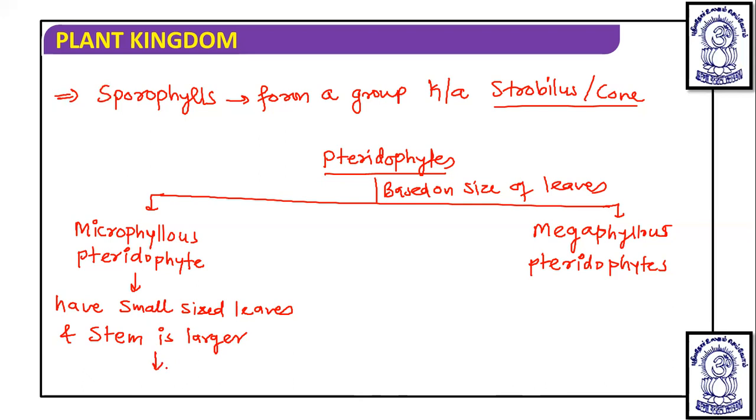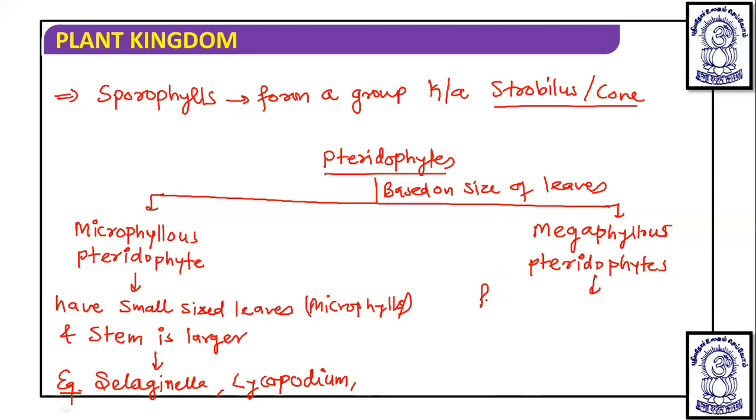The small sized leaves are microphylls, and because of this, they are known as microphyllous pteridophytes. Examples of microphyllous pteridophytes are Selaginella and Lycopodium. Okay, these are all small sized pteridophytes.